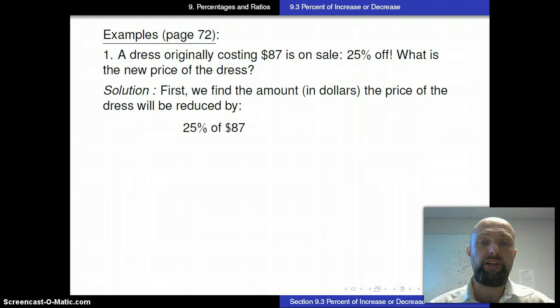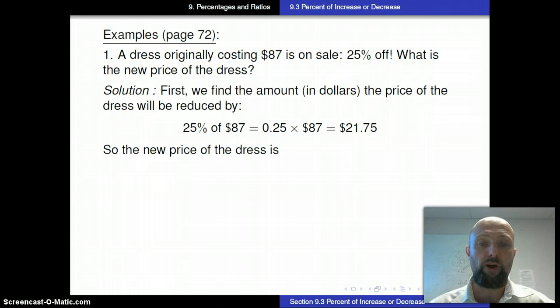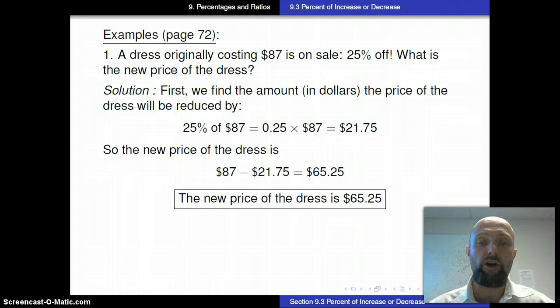It's 25% of $87, which is 0.25 times 87, which is $21.75. So the new price of the dress is $87 minus $21.75, which is $65.25. So the new price of the dress is $65.25.